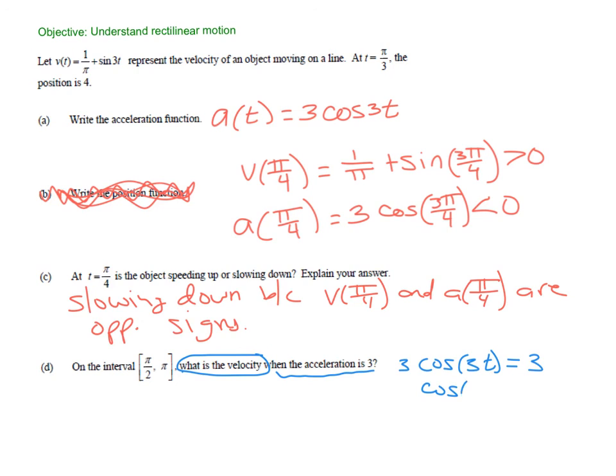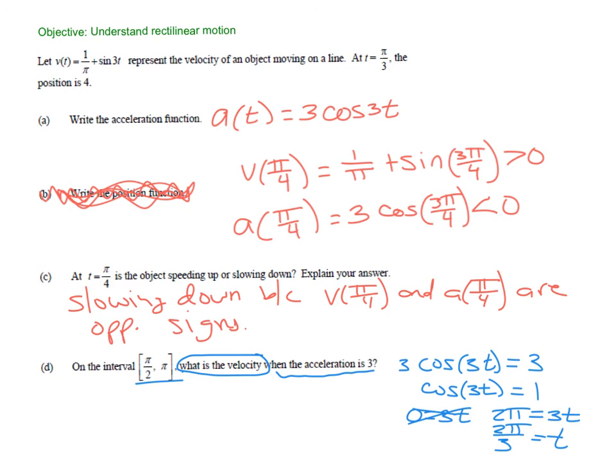Well, let's see. Cosine of 3t equals 1. Cosine is 1 at 0 and 2 pi, right? So 0 equals 3t, 2 pi equals 3t. But we need to be between pi over 2 and pi, so it's not this one. So t equals 2 pi over 3.